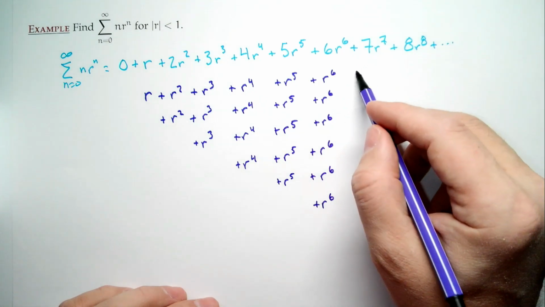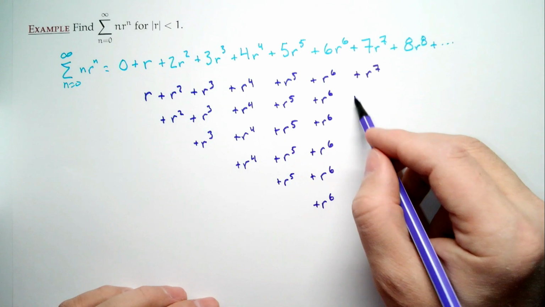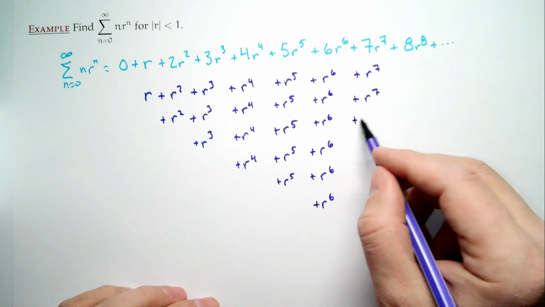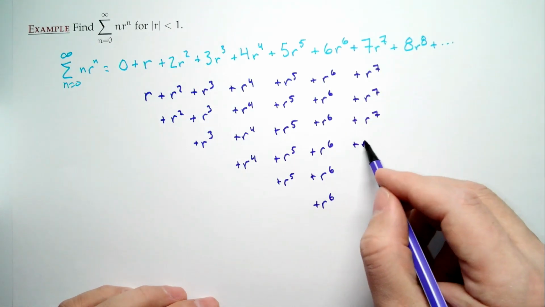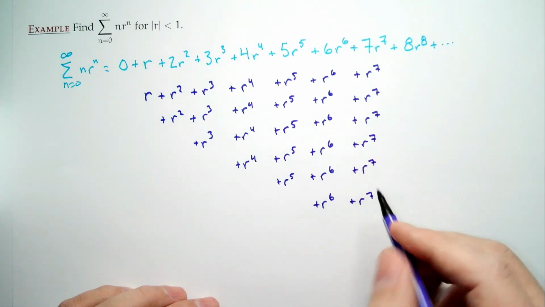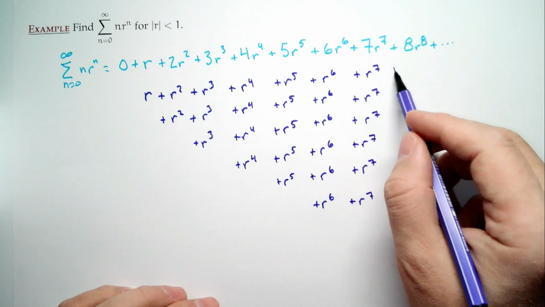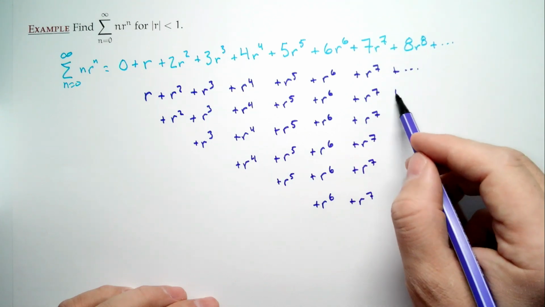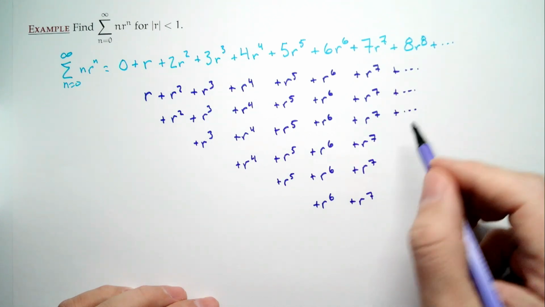One thing that's happening is we're getting a lot of terms. But what do we really have here? We can think of each line as being its own geometric sum.